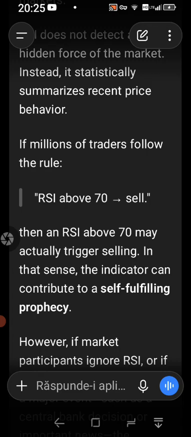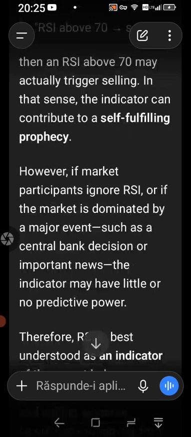If millions of traders follow the rule, RSI above 70 then sell, then an RSI above 70 may actually trigger selling. In that sense, the indicator can contribute to a self-fulfilling prophecy.